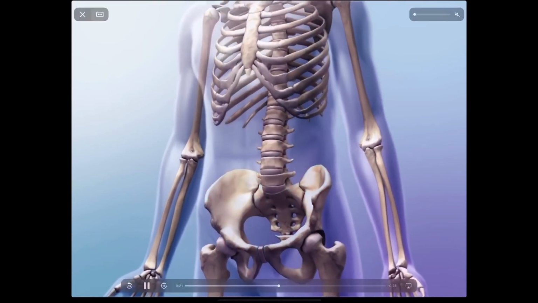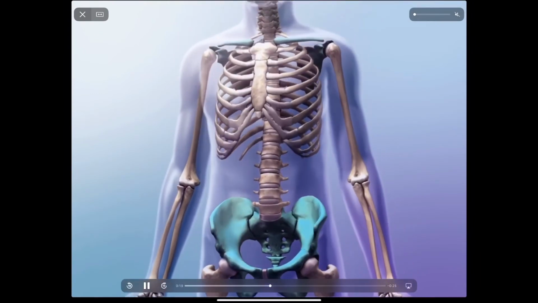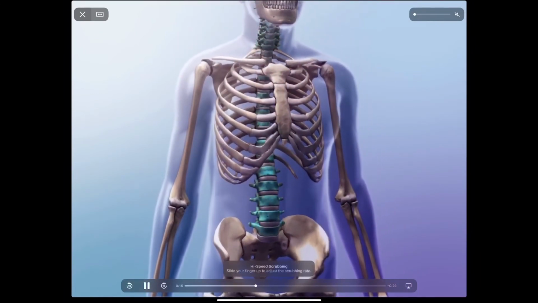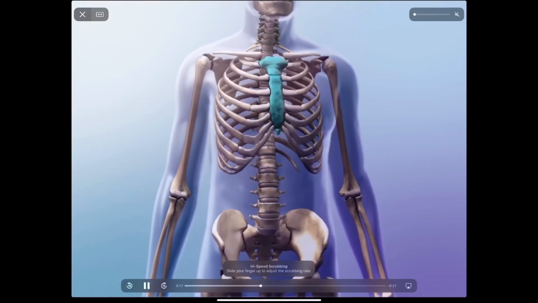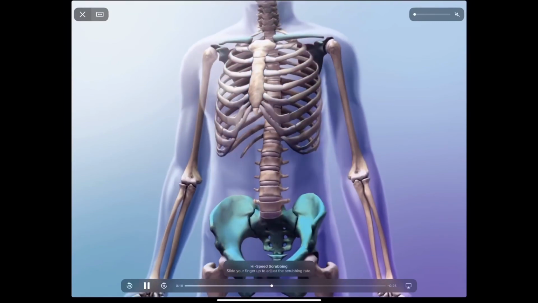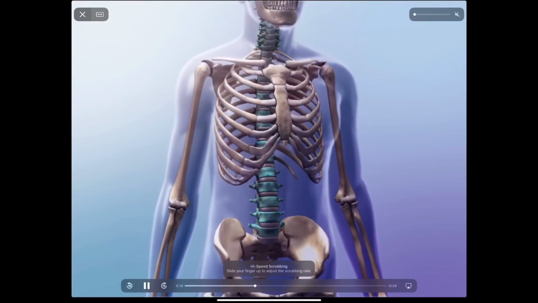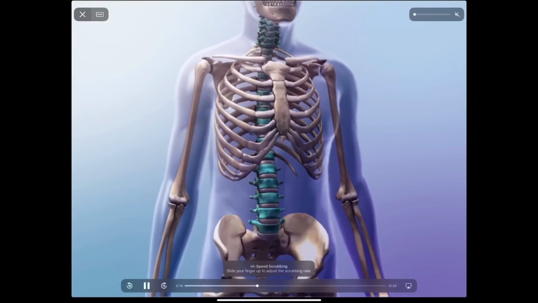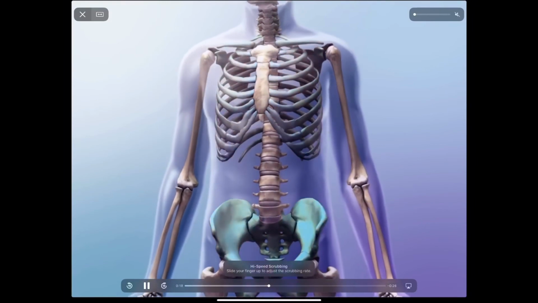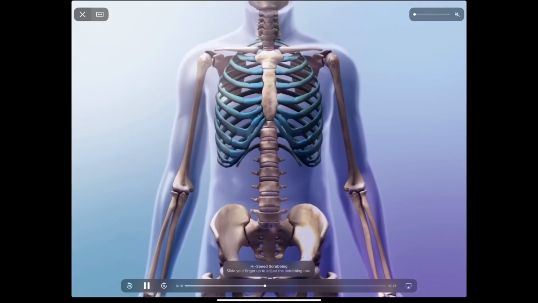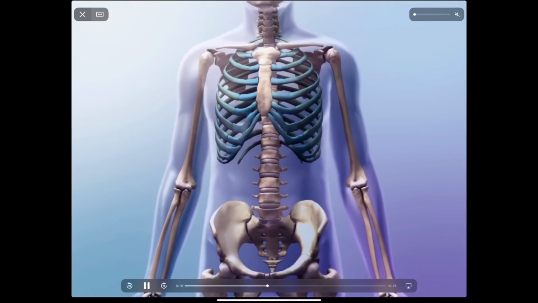So if I just go back again, you can see those regions that are in blue, that are the sites of where the red blood cell production happens the most. Okay, so I'll go again. You can see the site at which red blood cell production happens the most, these regions in blue. So the red blood cells are produced from the bones.